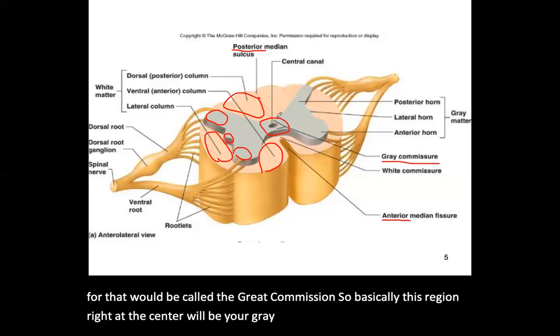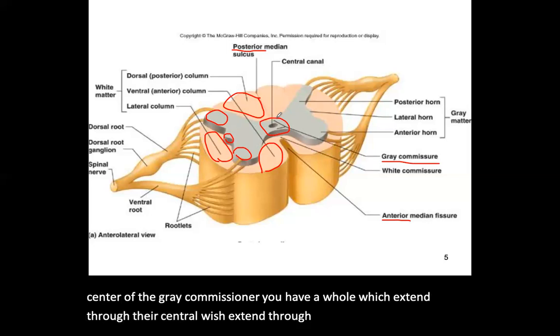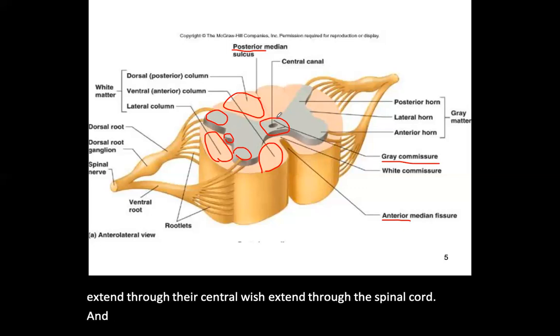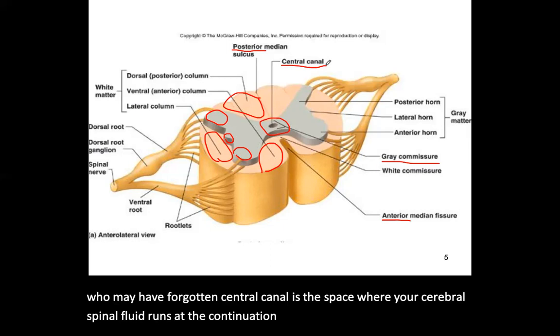Notice running at the center of the gray commissure, you have a hole which extends through the spinal cord, and this opening is referred to as the central canal. For those who may have forgotten, the central canal is the space where your cerebrospinal fluid runs, as a continuation of your fourth ventricle of the brain.